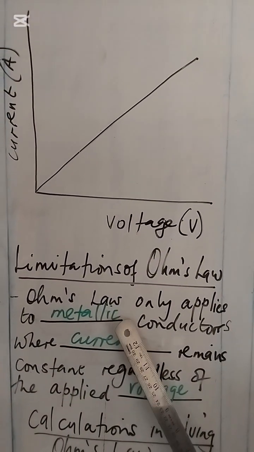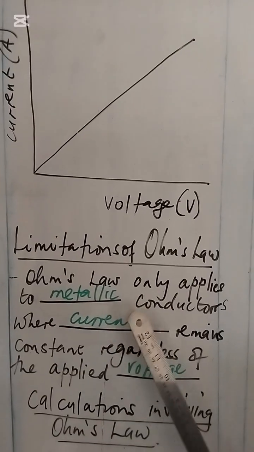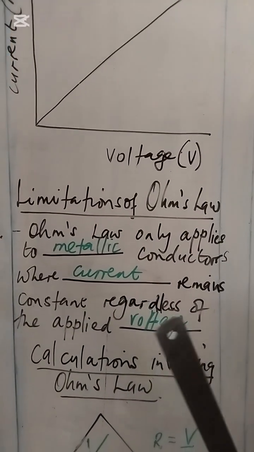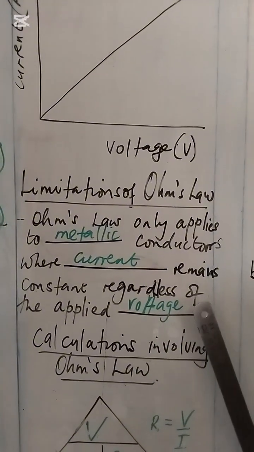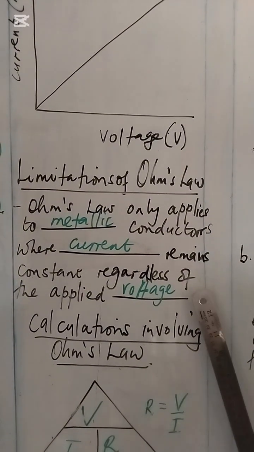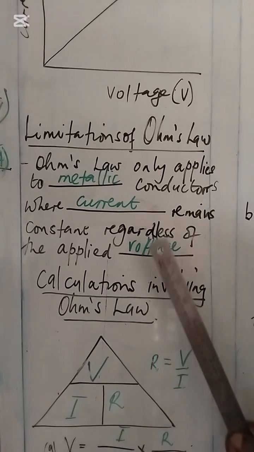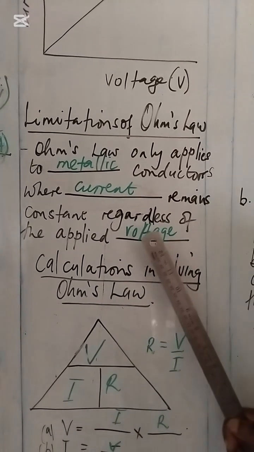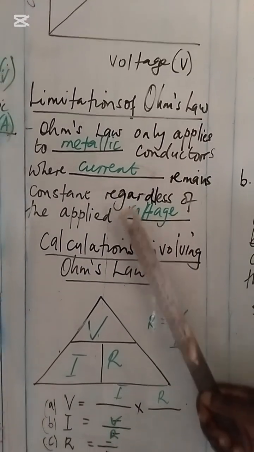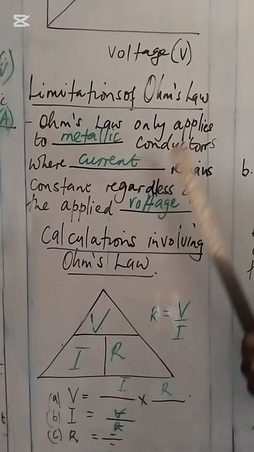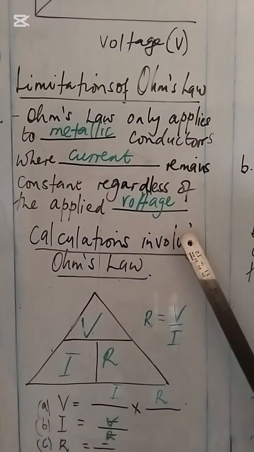Ohm's law only applies to metallic conductors, where current remains constant regardless of the applied voltage. It does not apply to non-metallic conductors like graphite, like dilute acids, and the semiconductors.